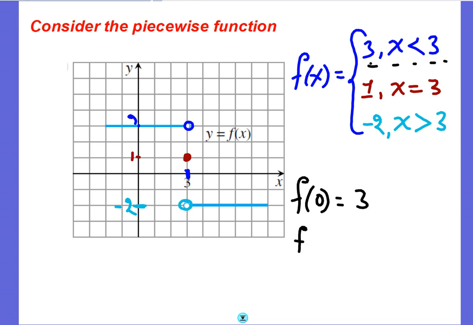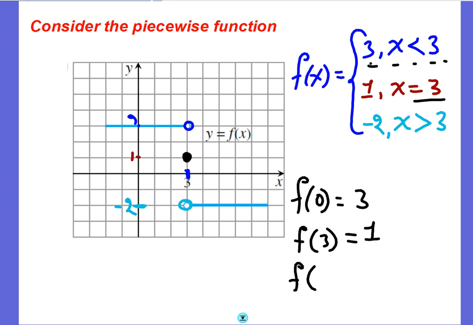What is f of 3? When x is 3, f of x is 1. So f of 3 is this one here. f of 3 is 1.